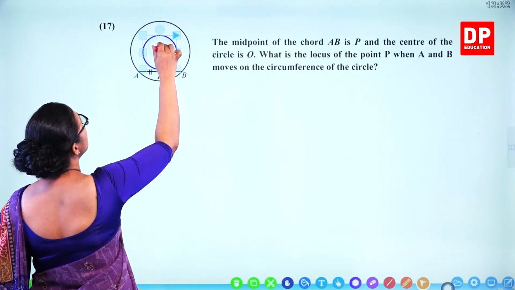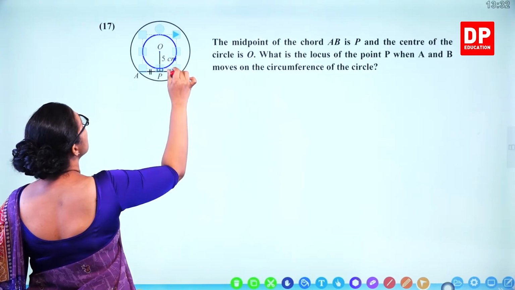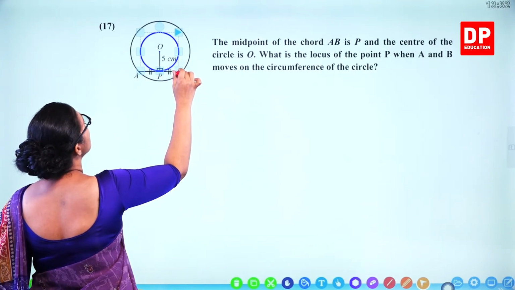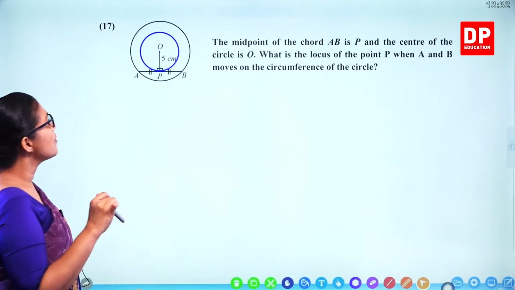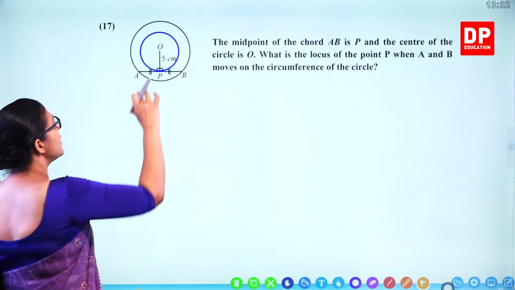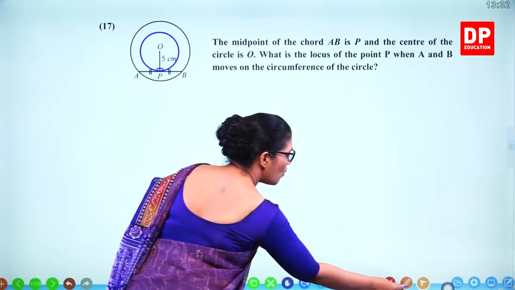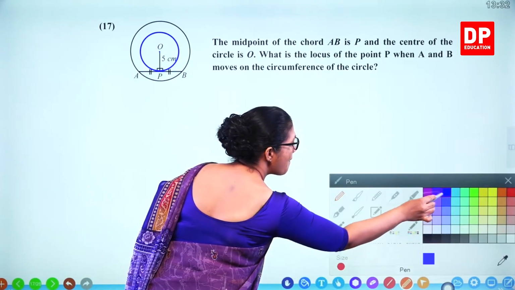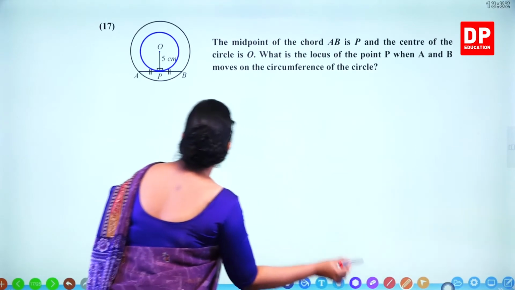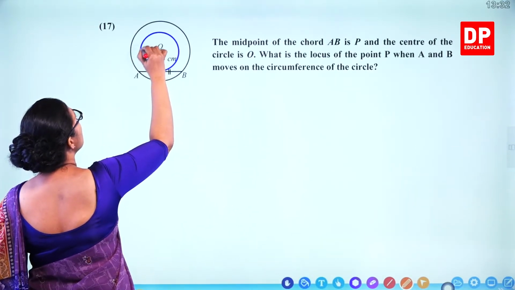I can move the circle like this and then just increase it. So you get the circle with radius 5. So this is the locus of the point P. So I can mark P. These are P points.